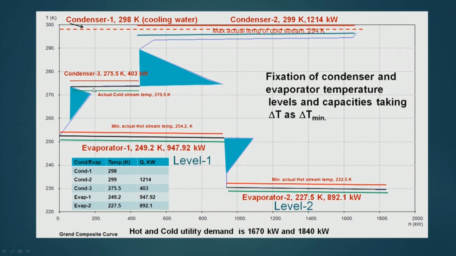This is the shifted temperature, so the actual temperature for the cold streams will be below this, at 270.5. I add 5 degrees delta T minimum to this, and it becomes 275.5 Kelvin. The load of this condenser, the distance between this and this, is 403 kilowatt.